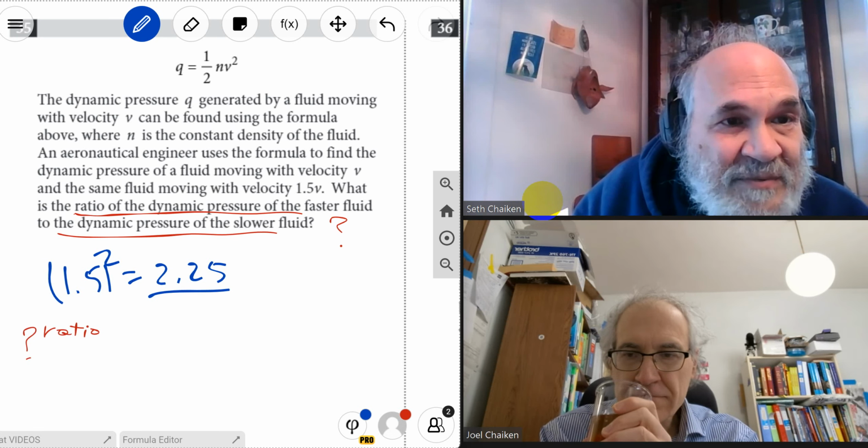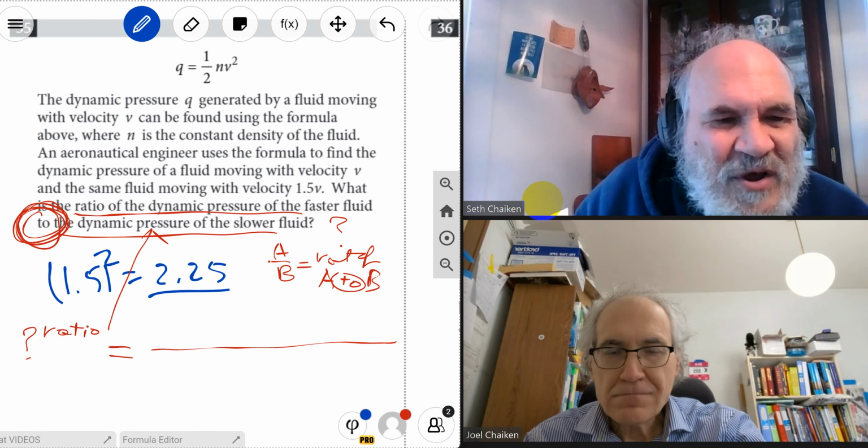A critical thing to know about a ratio is that A over B is the ratio of A to B. So the denominator is the pressure of the slower fluid.